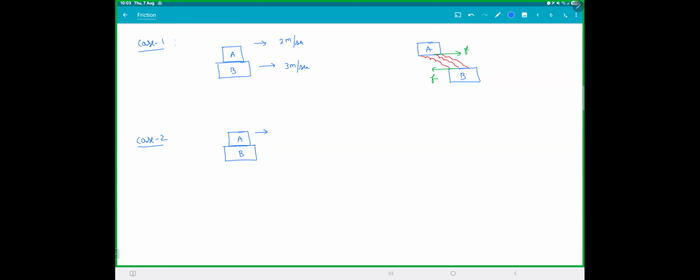Case 2, let's say this is going with 1 meter per second and this is going with 2 meters per second. What will be the direction here?